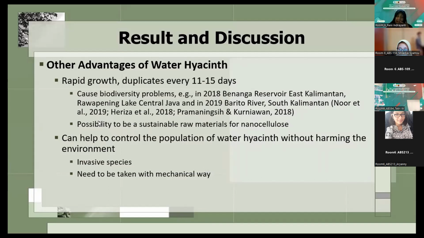Also, because it is an invasive species, the use of water hyacinth helps to control the population without harming the environment, because to be used as a raw material, it has to be taken in a mechanical way, not in a chemical or biological way. So, bottom line, water hyacinth has great potential to be a nanocellulose raw material, and the use of it can also diminish the ecological and biodiversity problems that it causes.